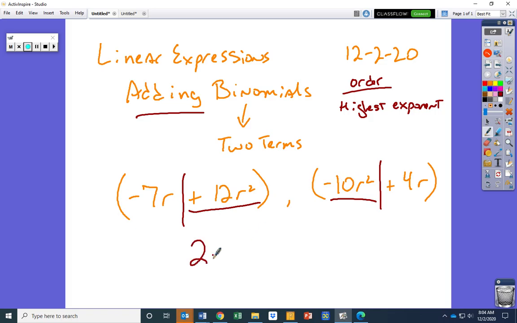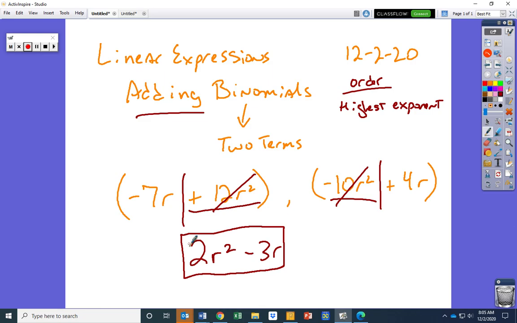I'm going to cross this out, and cross this out. What is left for me to combine? Negative 7r and positive 4r. What do I have? Minus 3r. Again, I can't combine these, even though they have the same variable, because they have different exponents. So what should I do down here? Put them in a box. Okay, does that make sense so far?